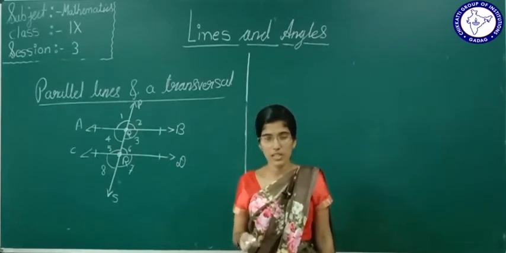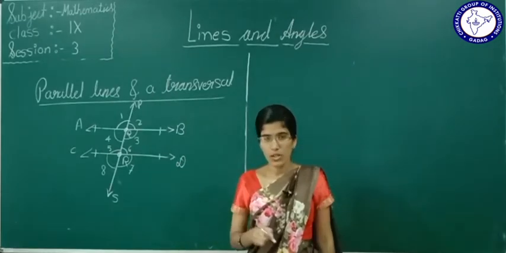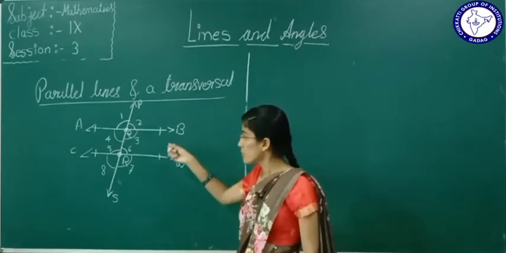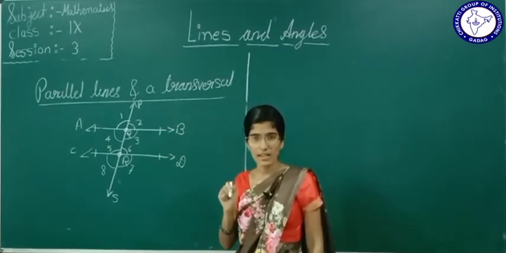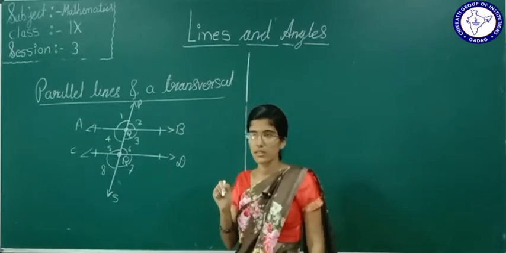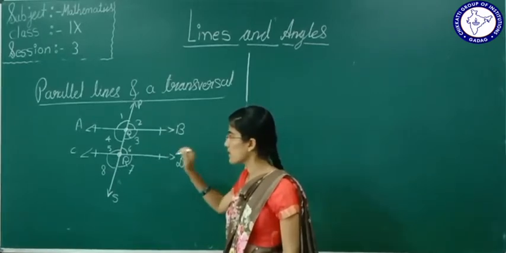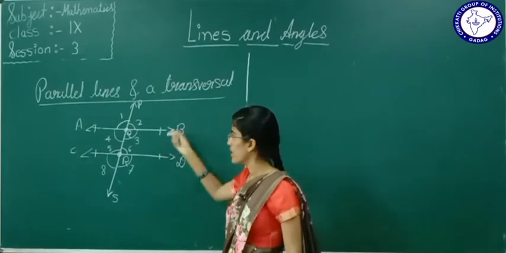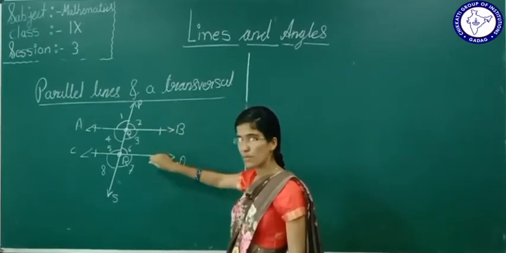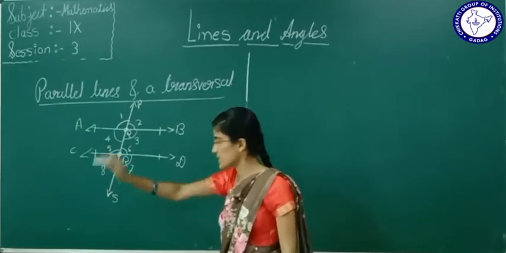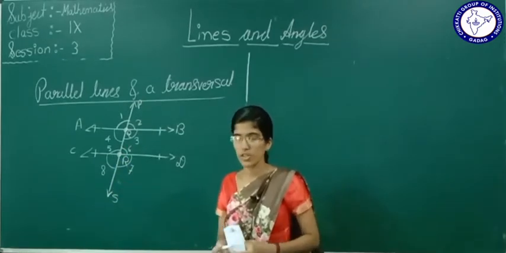Once again, we are going to find the relation between the angles among these pairs, when line AB is parallel to line CD, here we took two parallel lines and PS is a transversal.